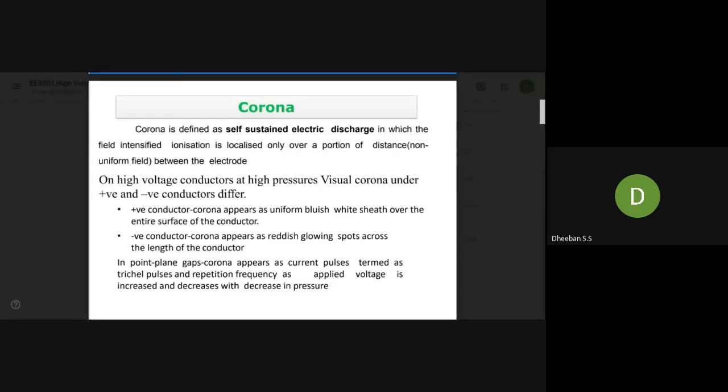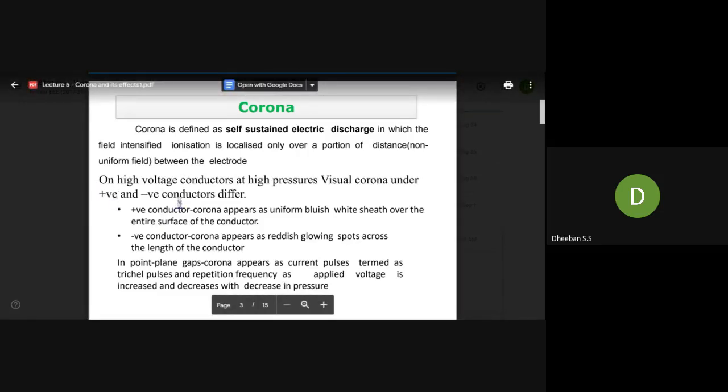So what happens is, on high voltage conductors and high pressures, visual corona under positive and negative conductors differs. As I said, you might be seeing some kind of blue color over the conductor, and this differs between positive and negative conductors.